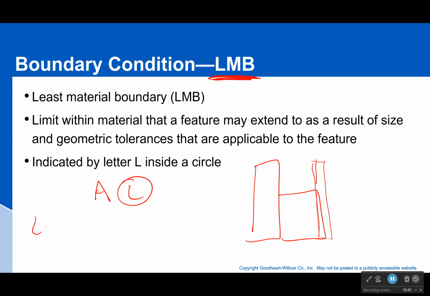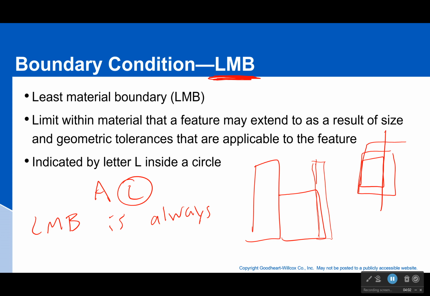The least material boundary is always inside the material, or at the very least, on the exact outside surface of it. If you've made your part as small as it can be, then here's your least material boundary. But as your part gets bigger, that least material boundary gets further and further inside your part. Now, it's never going to be this far inside your part. I'm exaggerating here. But it's going to almost always be inside the feature.